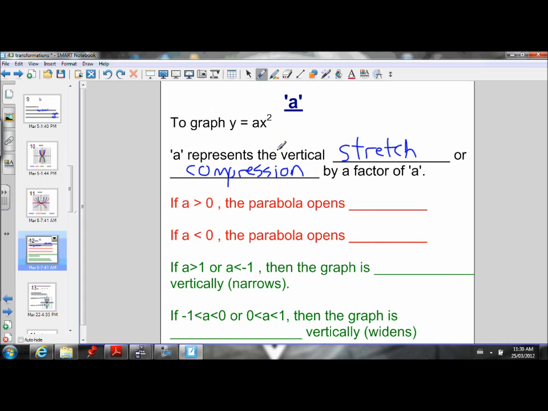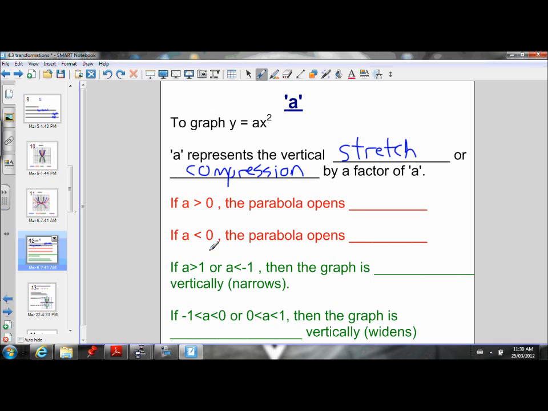Make sure you have this written just like this when you're describing a transformation. A stretch is when it gets narrower, and a compression is when it gets wider.